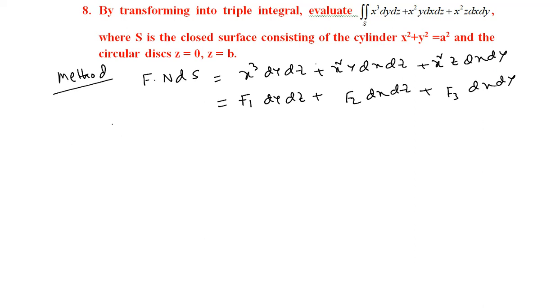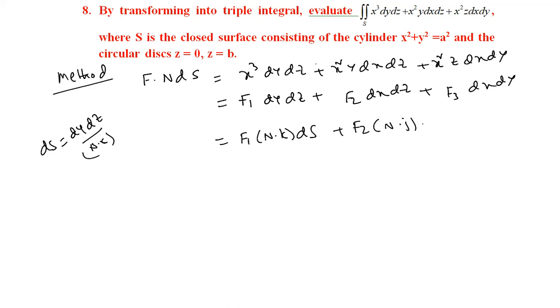If S is the projection on the xy plane, what is ds? ds equals dy dz by modulus of n dot k. In this situation I will take dy dz equals f1 into n dot k ds. In a similar way, f2 into n dot j into ds, and f3 into n dot i into ds.